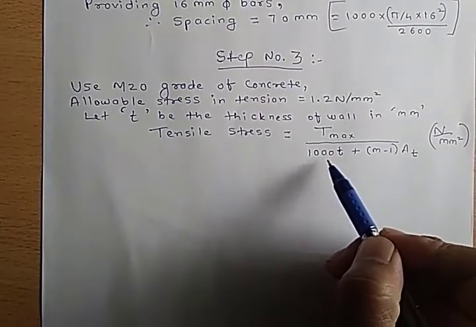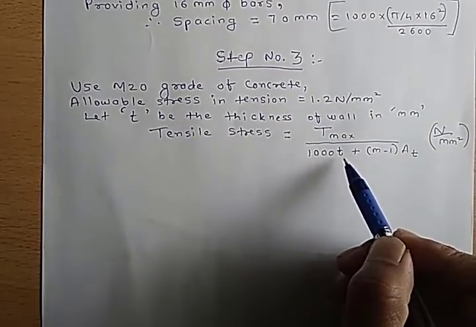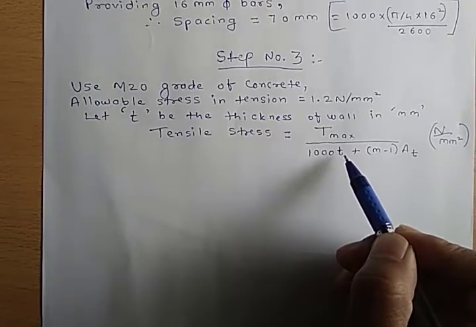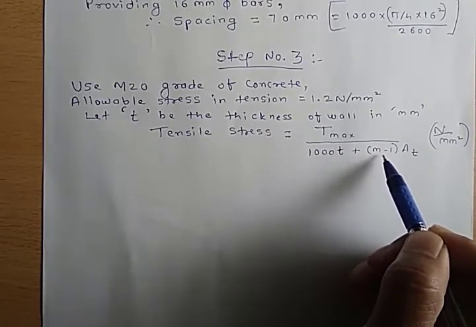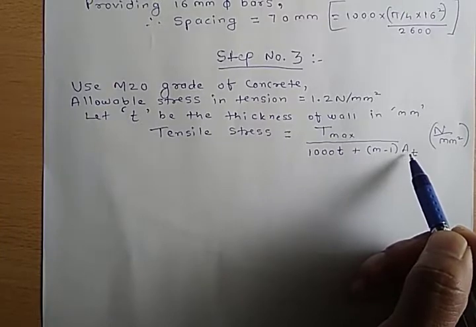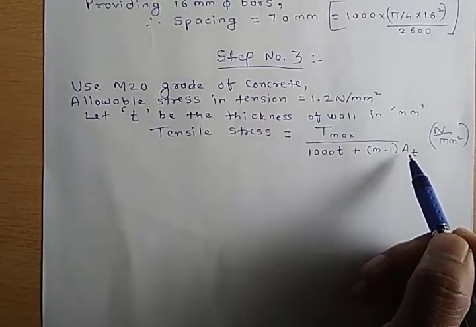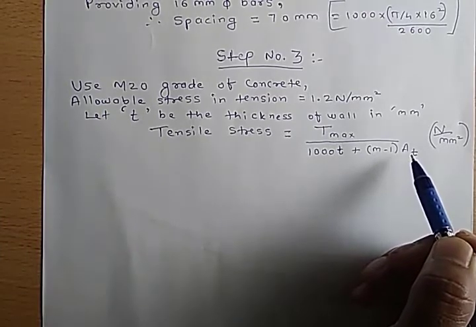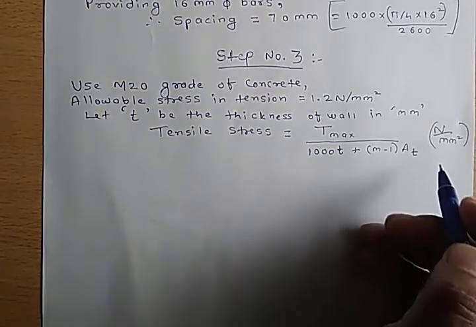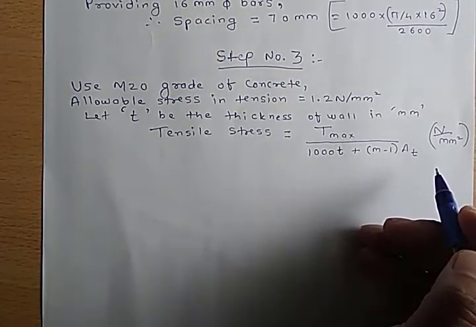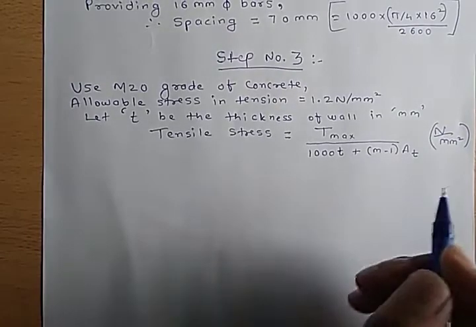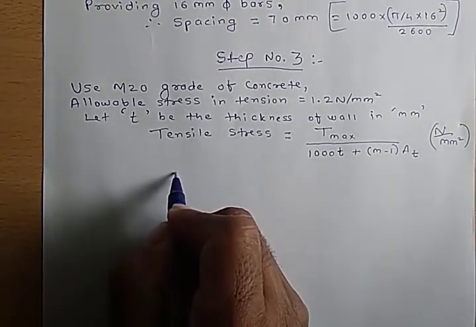Here 1000 T is in mm, m is the modular ratio, and Ast is the area of the steel we are going to provide.